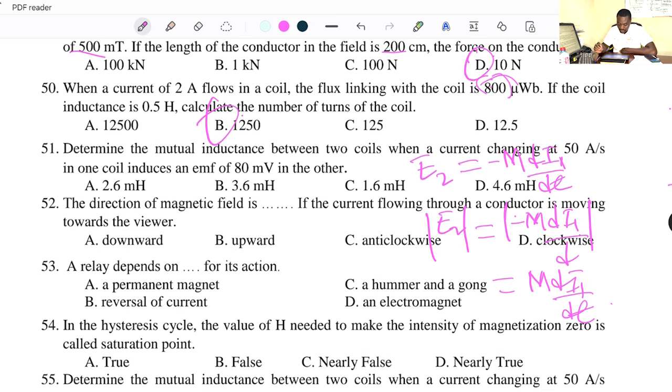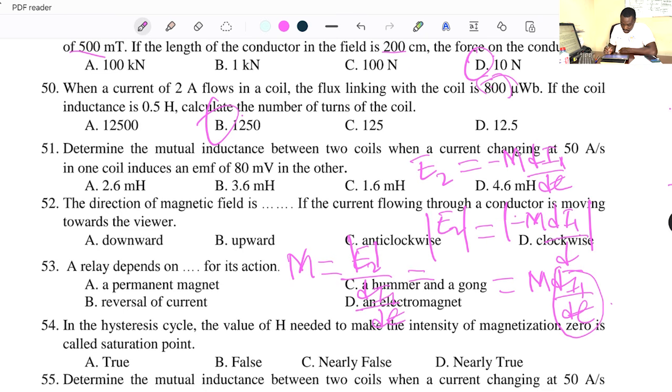When it comes to two coils, the EMF induced in the second one, which is the other coil, will be minus mutual inductance times the change of current in the first coil. Here we take the magnitude of this, so this becomes positive. Then we can find the mutual inductance by making it the subject. We are given the rate of change of current. So mutual inductance will just be equal to induced voltage over rate of change of current.